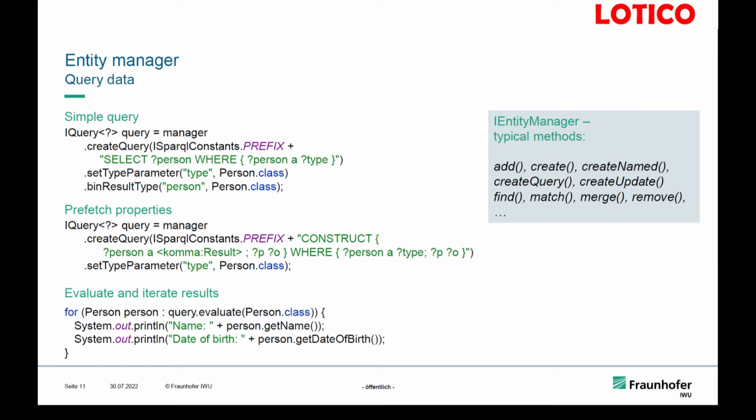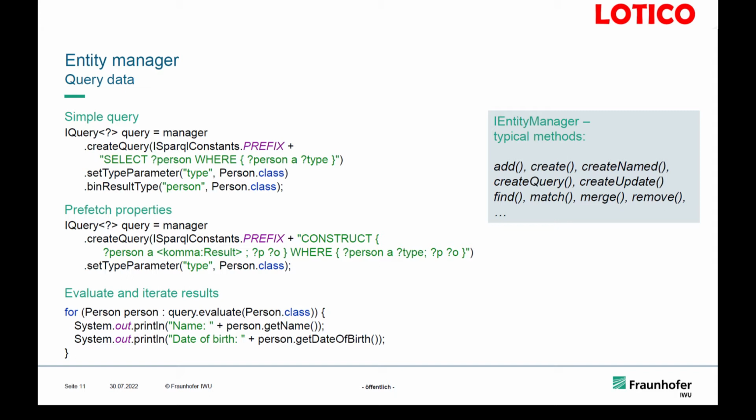And using the query objects, you can now evaluate the query. You can also pass some binding information here. For example, you want each result to be at least of type person, and now you can just use the person instances here without casting.